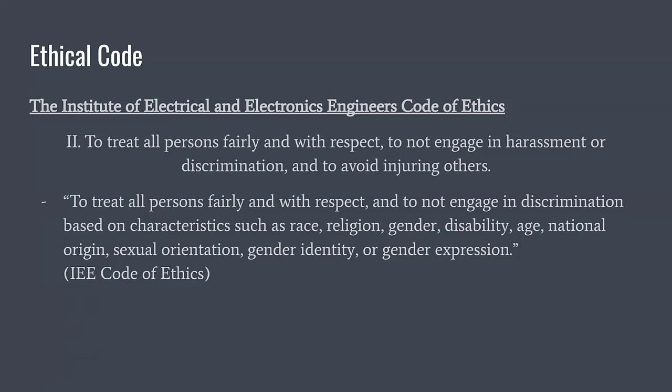Under that code, it specifies to treat all persons fairly and with respect, and to not engage in discrimination based on characteristics such as race, religion, gender, disability, age, national origin, sexual orientation, gender identity, or gender expression. Connecting the rule to the case study, the manager followed these rules when coming up with his decision on who to fire.